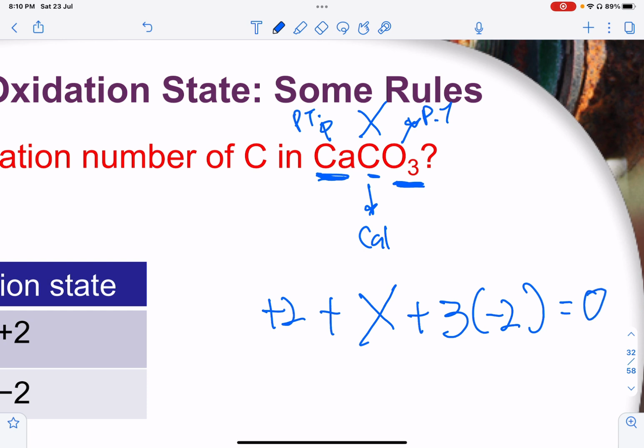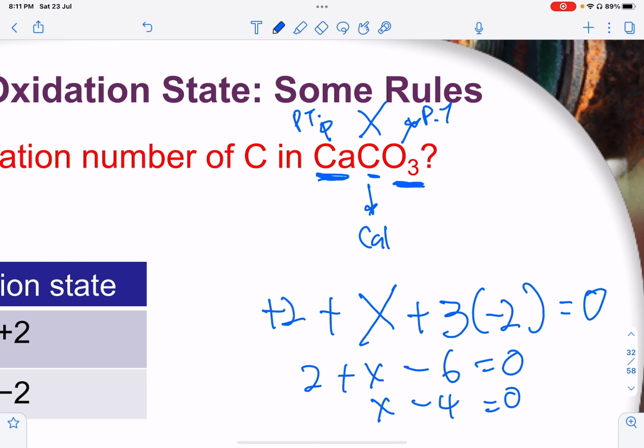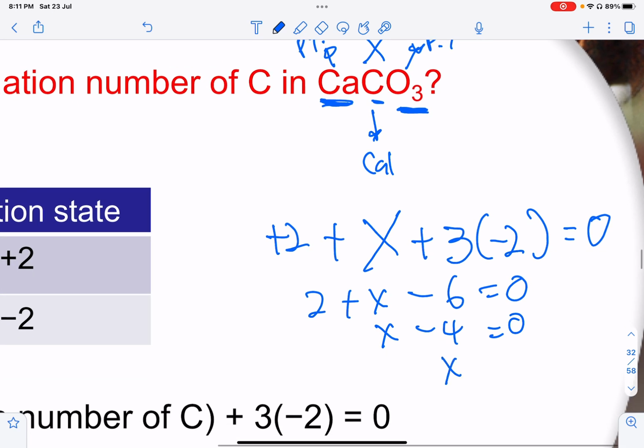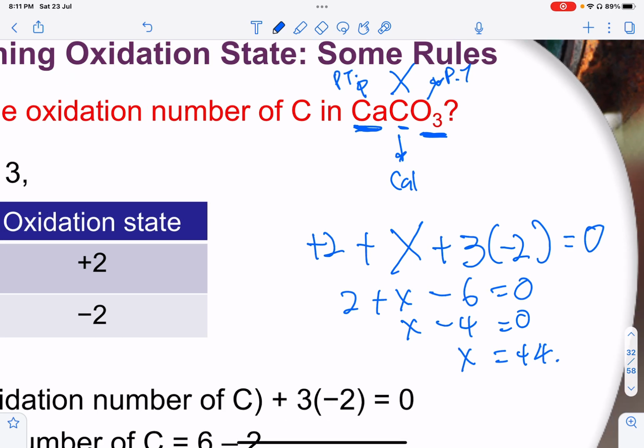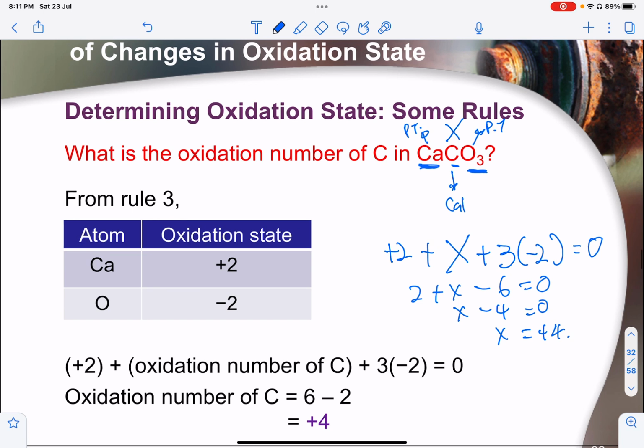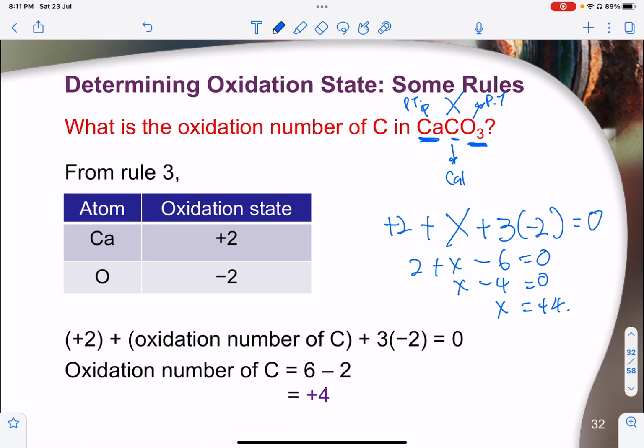So when you simplify it, you have 2 plus X minus 6 equals 0. X minus 4 equals 0. When you bring over the minus 4, it will be converted. So this is basic maths. And therefore, we can see that the oxidation number of carbon is actually +4.